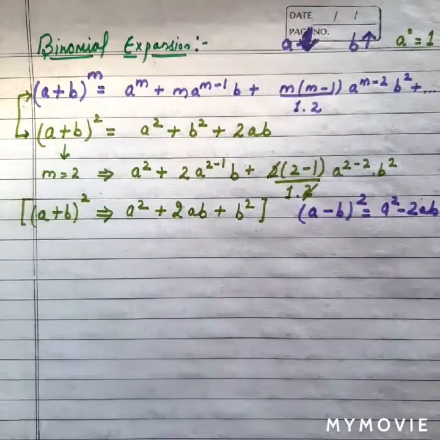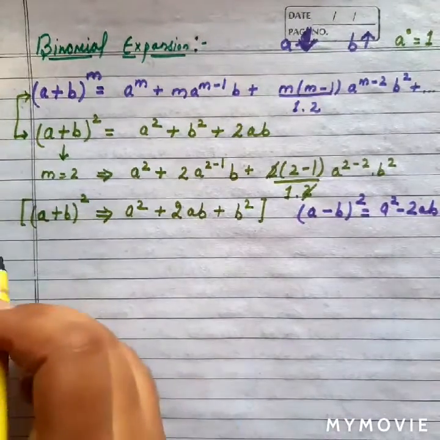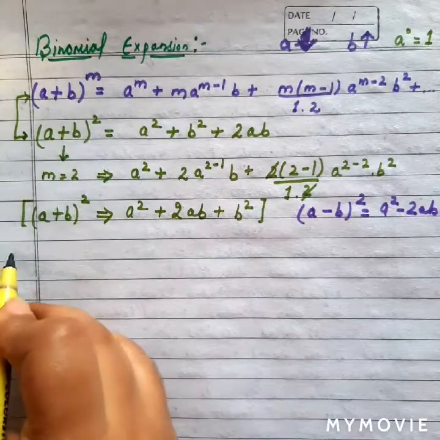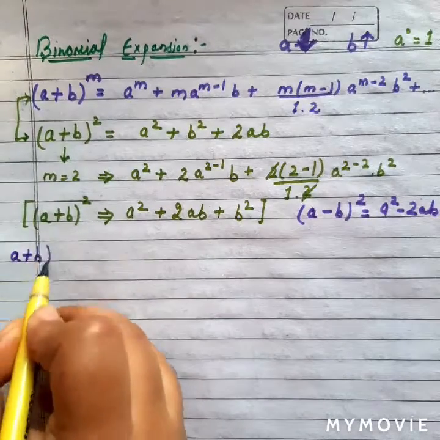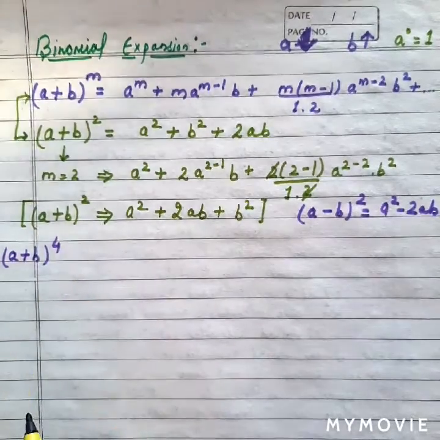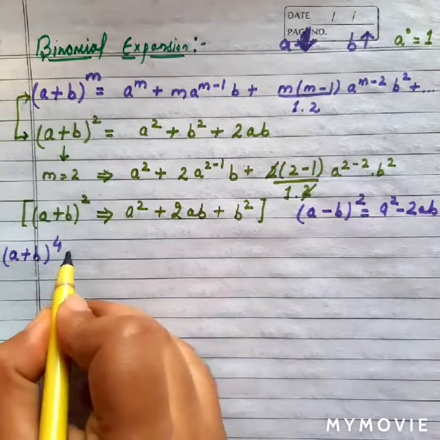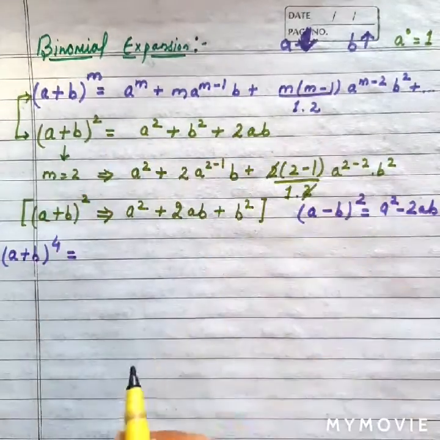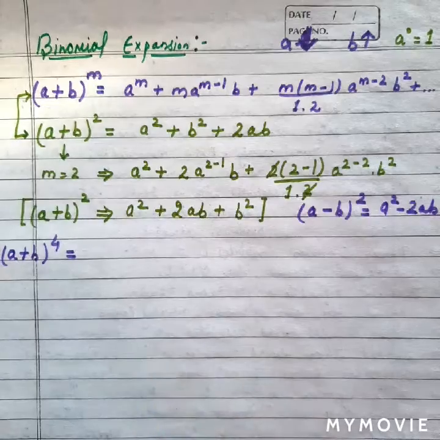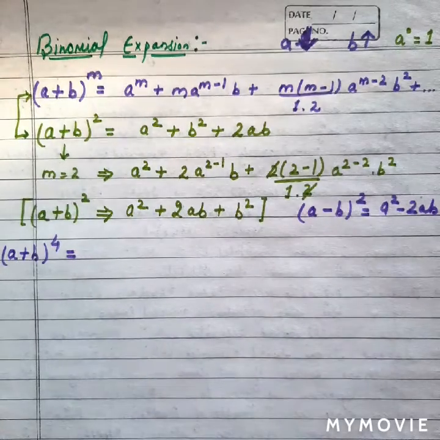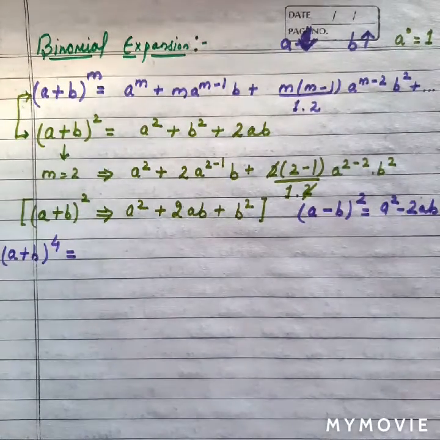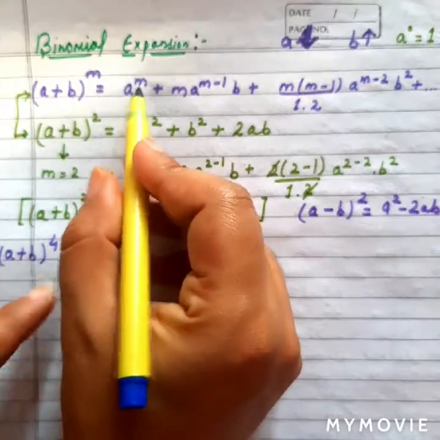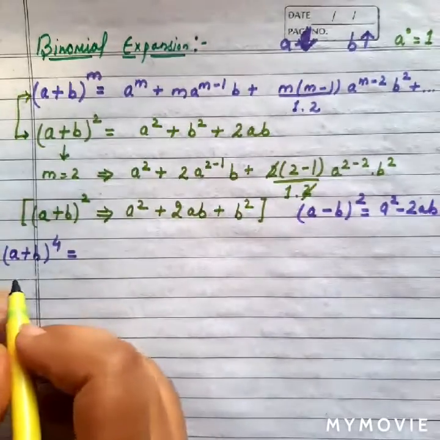Now I would like to take the example of (a + b) raised to power 4. Fine. And here I will again apply this formula, and here we will be having 5 terms, and we will explain this on the basis of binomial expansion. So m is equal to 4 over there.